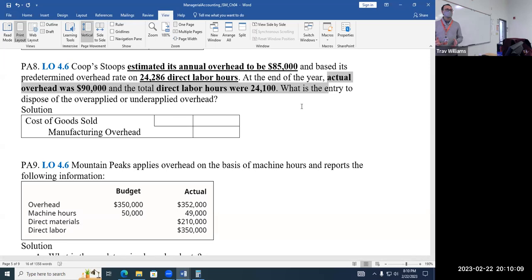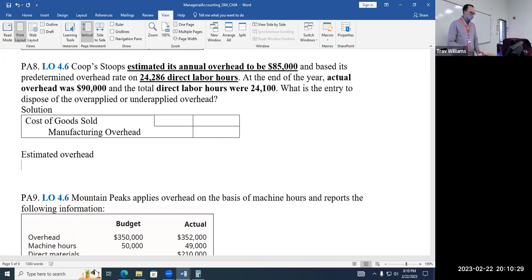And how do we apply overhead? Well, we come up with an overhead allocation rate, and then we multiply that by the activity. What was the formula for the overhead allocation rate? Okay, so the estimated overhead divided by, in this case, the direct labor hours.